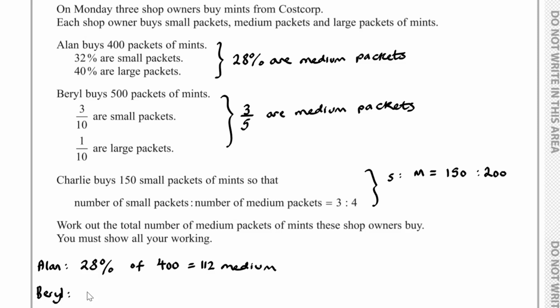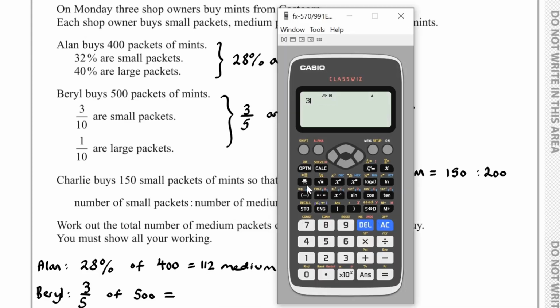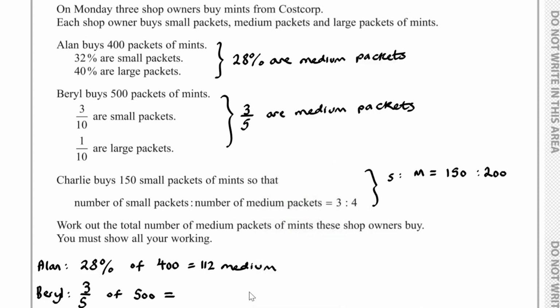Beryl has 3/5 of 500. So 3 divided by 5 multiplied by 500, turns out we get 300.